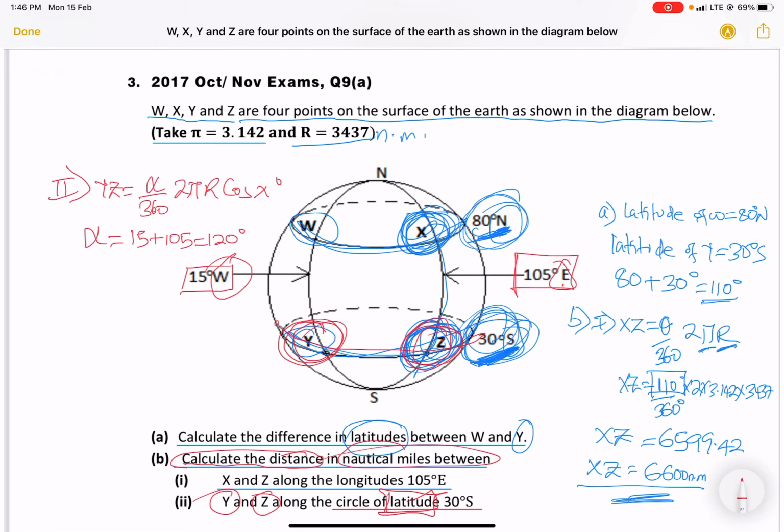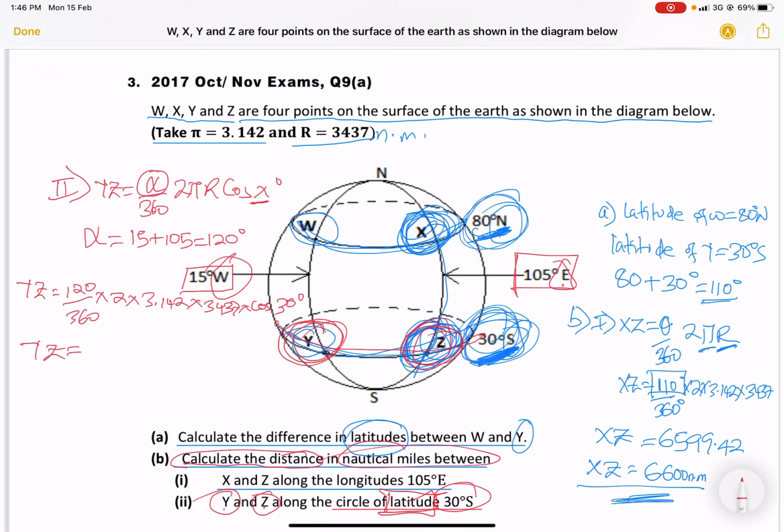And then now we can say YZ is equal to, where there's alpha, we have 120 over 360 times 2 times pi, which is 3.142, times the radius of the earth, 3437 nautical miles, times cos x, where x is the latitude where Y and Z are, which is latitude 30 degrees.